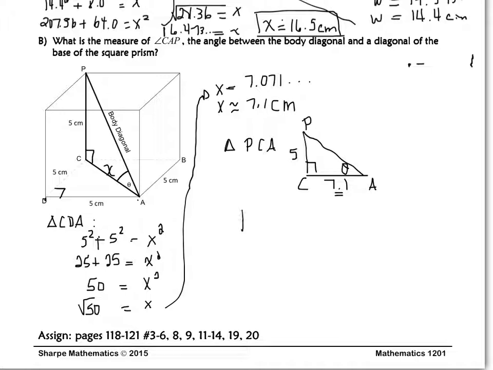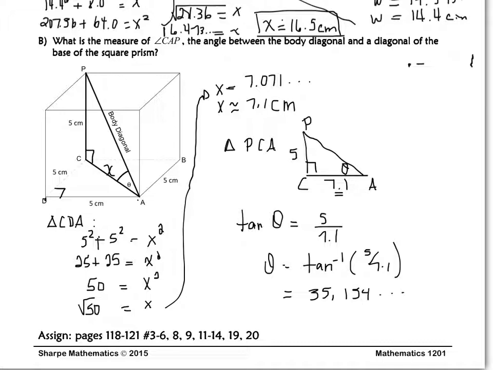So that would be the tan ratio. Tan of the angle is opposite over adjacent. So the angle would be inverse tan of 5 over 7.1, which would be 35.154, so on. So if we round that off to the nearest degree, that would be 35 degrees.